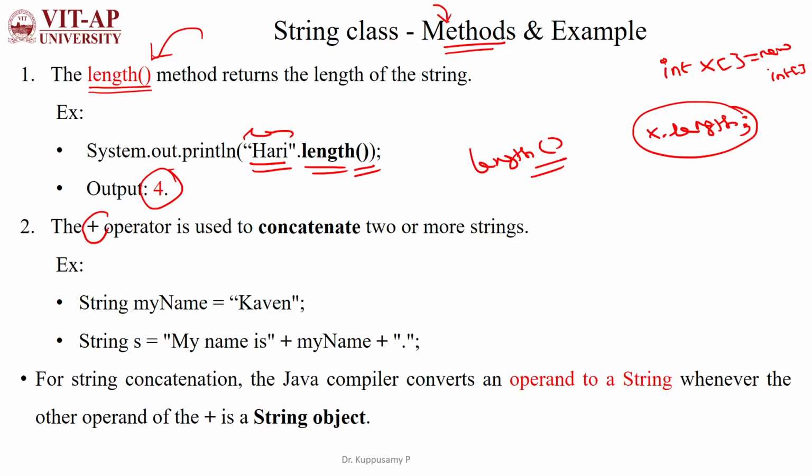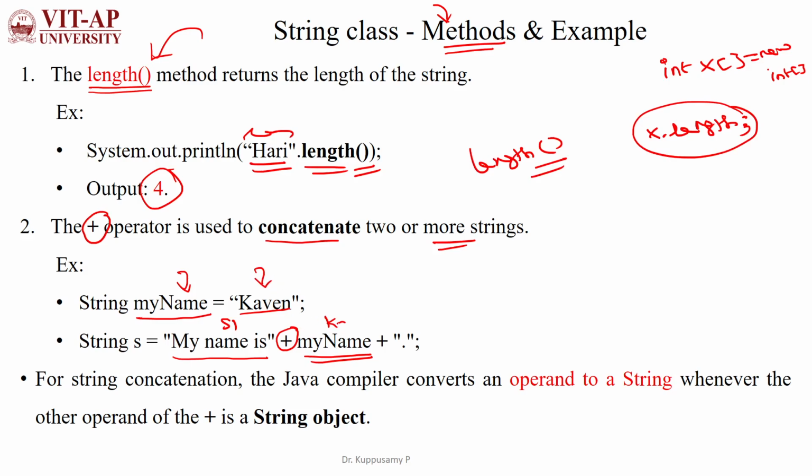Then here the plus operator is used to concatenate two or more strings. For example, you see my string variable is myName, which has the value Kavin. Then here I am going to use concatenation: my name is string 1, and we are concatenating, joining the value of this variable. The value of this variable is Kavin.